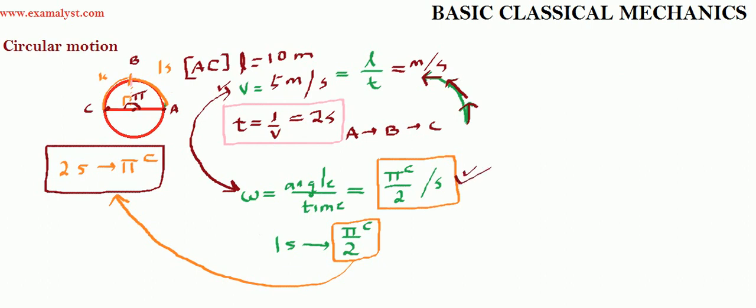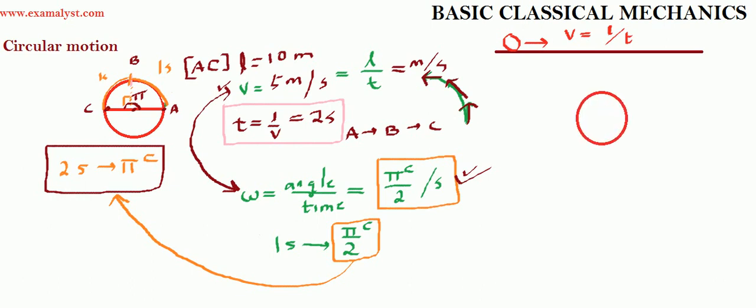See, when you are studying one dimensional motion, only linear velocity was enough, and that velocity was defined as the amount of length covered at a particular time. But when objects are moving in a circle, then the linear velocity is not enough.